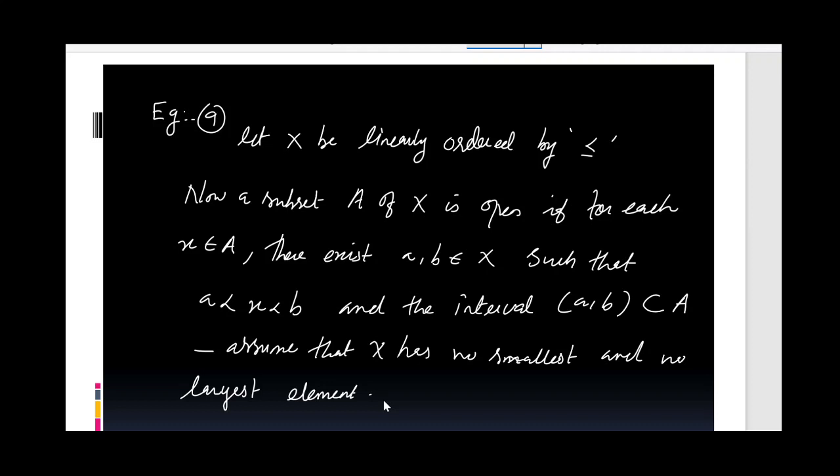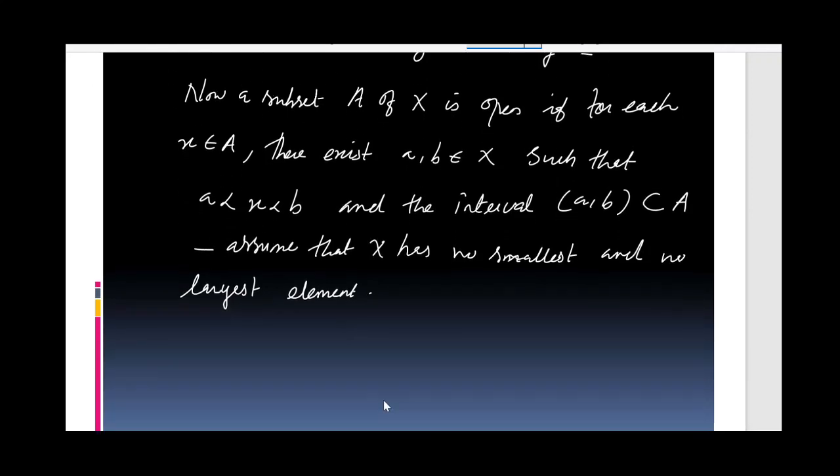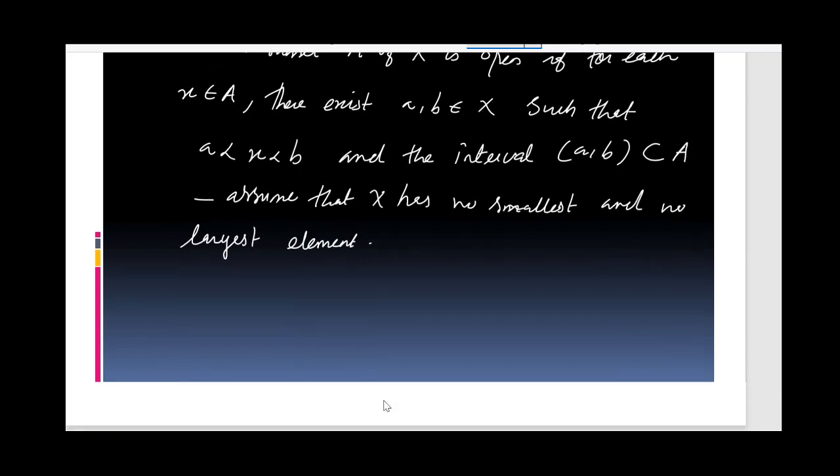Now a subset A of X is open if for each x belongs to A, there should exist a, b belonging to X such that a less than x less than b and the interval (a, b) is completely contained inside A. For the time being, assume that X has no smallest and no largest element.